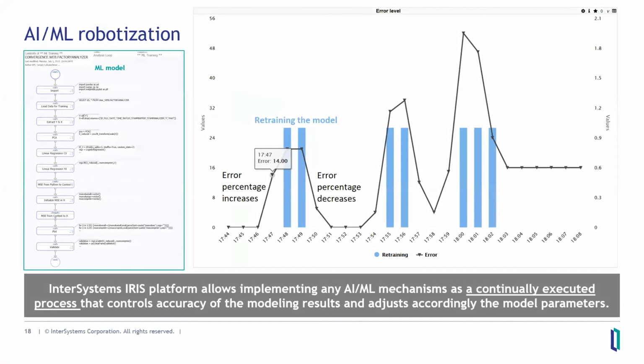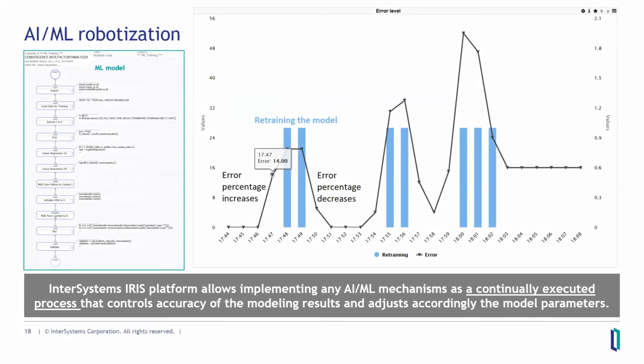And to get back to our presentation, this setup allows for AI/ML robotization. We built the model mostly manually with new QuickML, which will be soon available, and you can automate that part too. But for now, we build the model by hand.